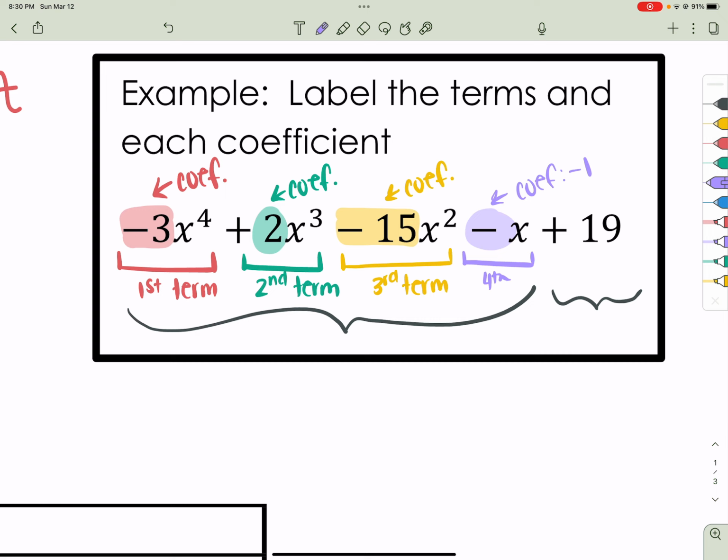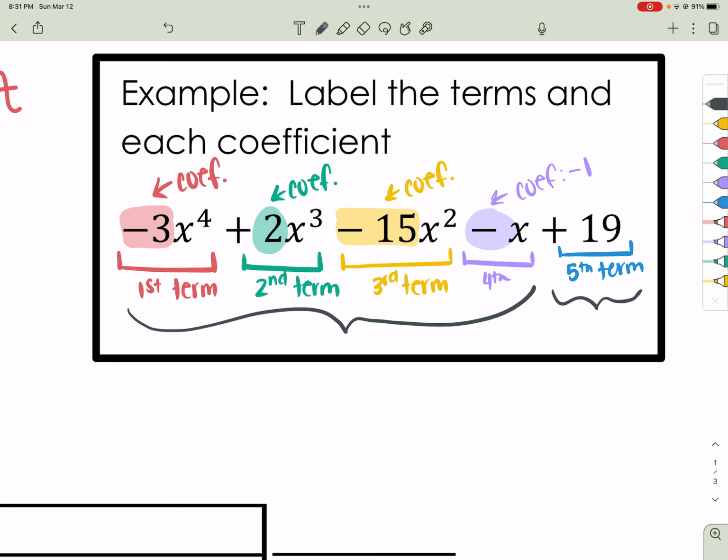And then the very last term is positive 19. Because that is not a variable term, we don't call positive 19 a coefficient. It is a coefficient, but we just call that a constant because there is no variable associated with it.